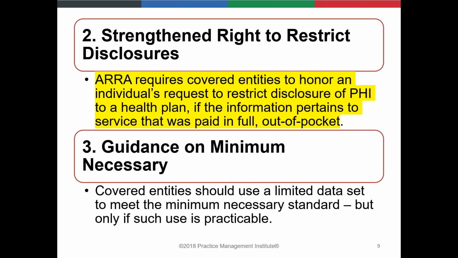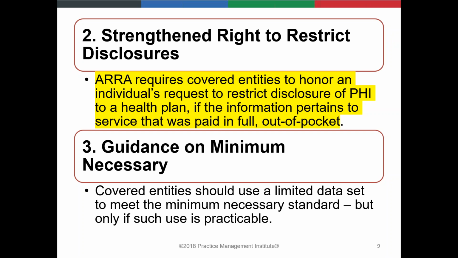One of the other things that ERA did is that it strengthened the right of the patient to restrict disclosures. And so, for example, a patient is allowed to restrict disclosures of PHI to other people, to other doctors, and now under the new ERA law and the HITECH Act of 2009, to a health plan.